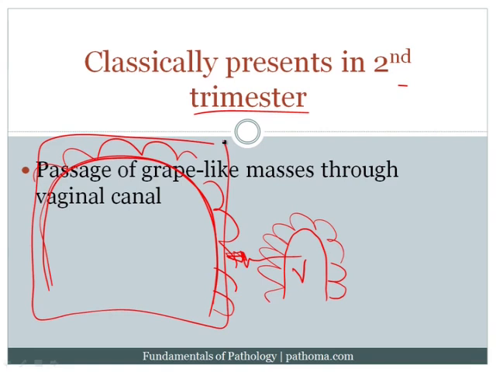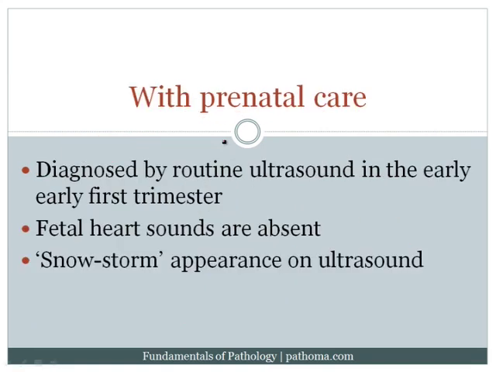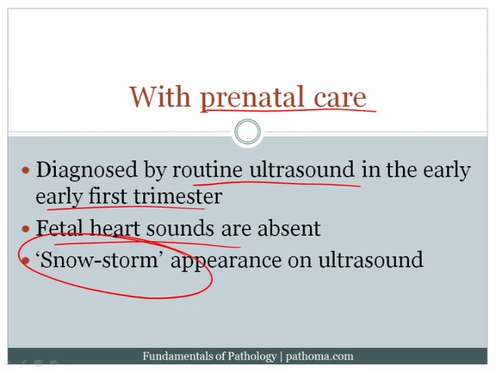Now, more commonly in the West, where there might be prenatal care, the patients wouldn't be diagnosed by the passing of grape-like masses, but instead they would undergo routine ultrasound in the early first trimester. And what would be found is that there is no baby, so the heart sounds would be absent, and instead you see all of these grape-like masses on ultrasound, and those grape-like masses, because they're full of fluid, produce this white and black sort of discrepancy between where the masses are and what's in between the masses, and that's called a snowstorm appearance.